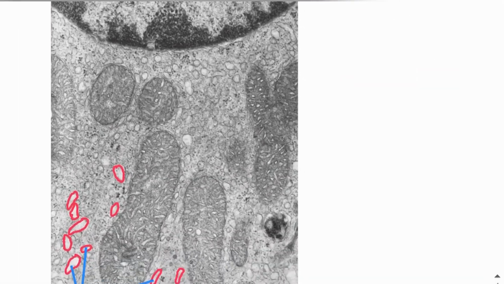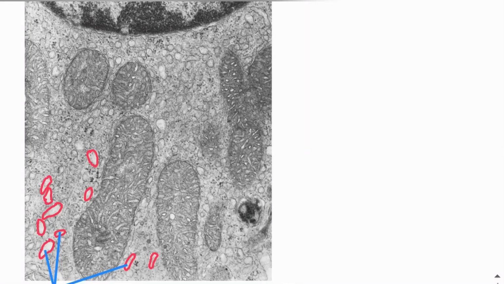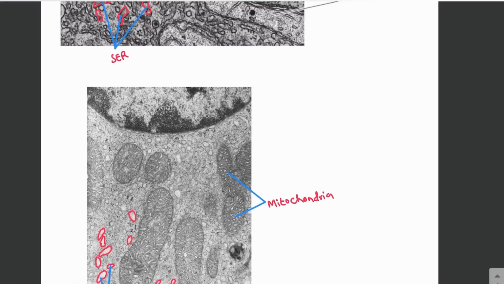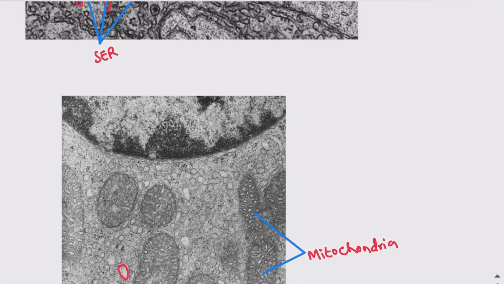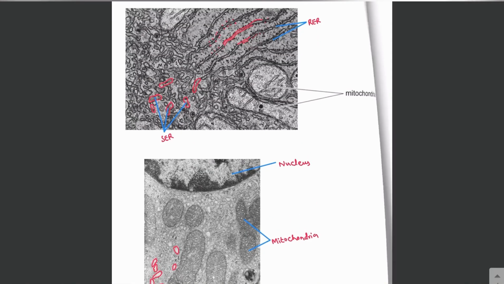Right. So guys, what do you think are these structures? These are mitochondria, obviously. They look like mitochondria. They have sausage shape, or we can say oval shape as well, right? These are mitochondria, and this is the nucleus. Right.